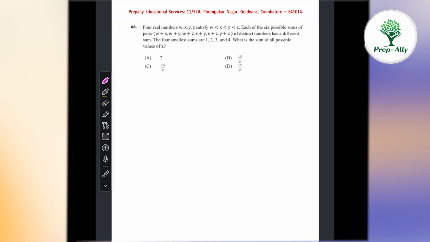In the sixth question, we're given that W, X, Y, Z are real numbers that satisfy W less than X less than Y less than Z. And each of the possible sums of pairs of distinct numbers has a different sum, right? So the 4 smallest sums are 1, 2, 3, and 4. So we'll try and arrange the sums.